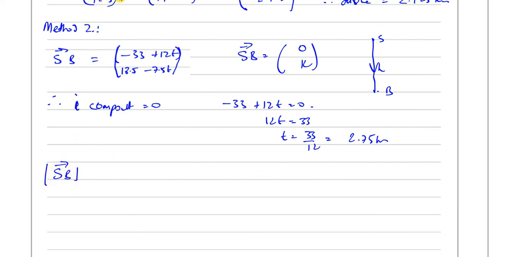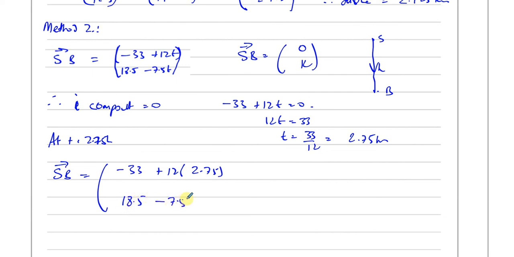So at t equals 2.75 hours, we have minus 33 plus 12 times 2.75, and 18.5 minus 7.5 times 2.75, and of course the first should give you 0, as we know it does.